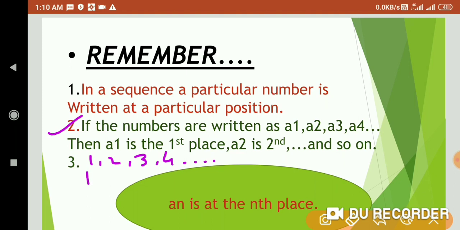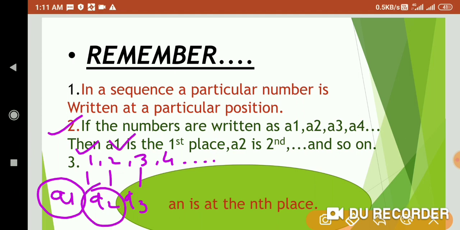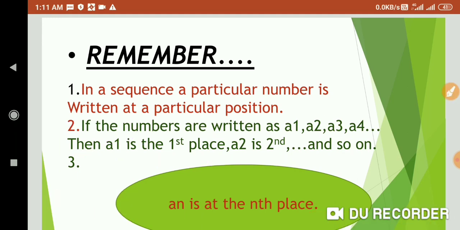Consider this 1 is A1, 2 is A2, 3 is A3. Now the position of A1 is at first place, position of A2 is at second place, and position of A3 is at third place.